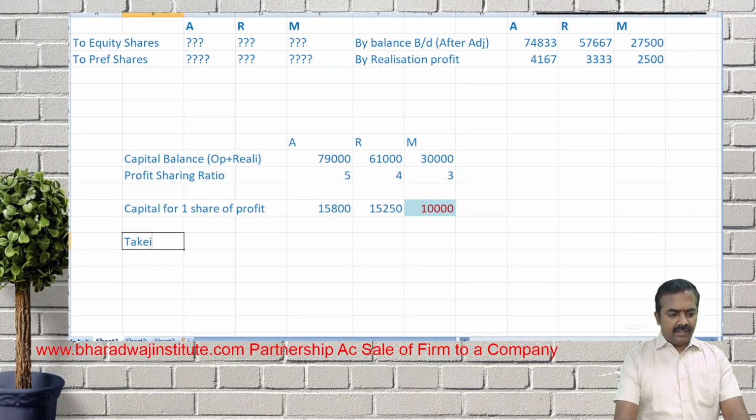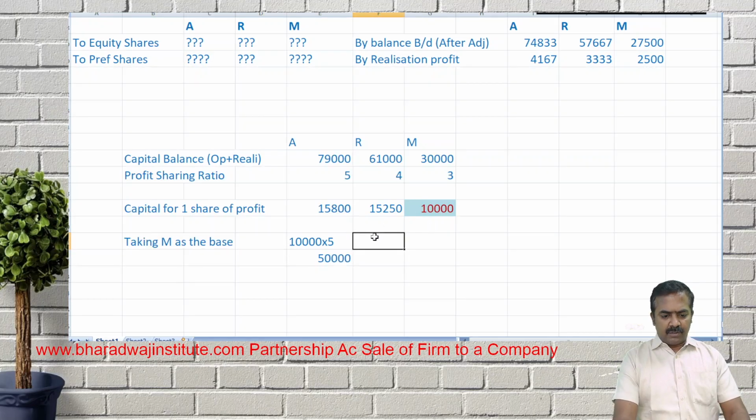So taking M as the base. So putting in 10,000 into 5, 50,000. 10,000 into 4. Into 4 how much? 40,000.